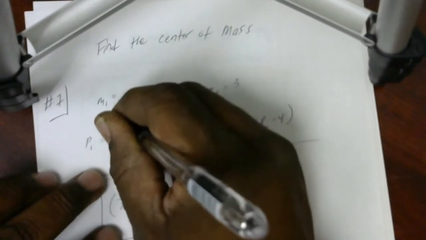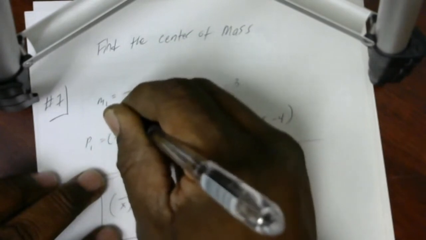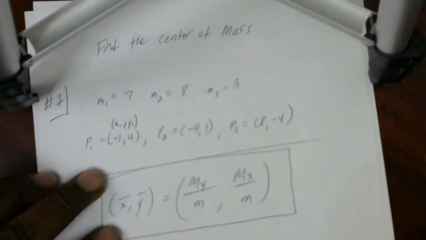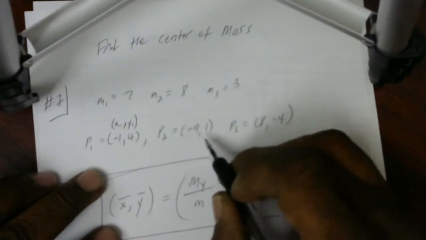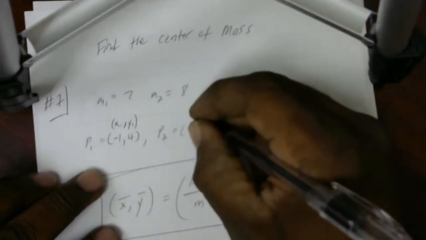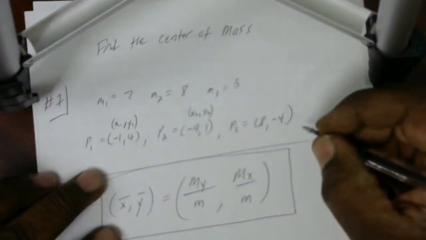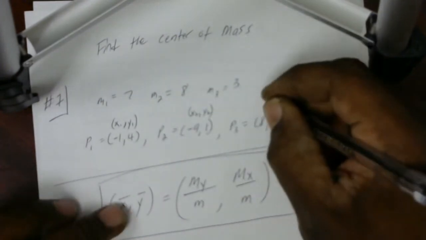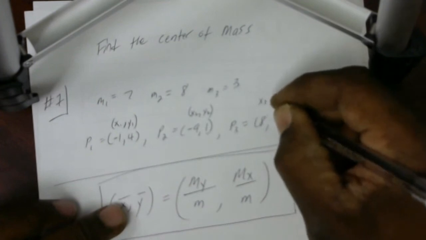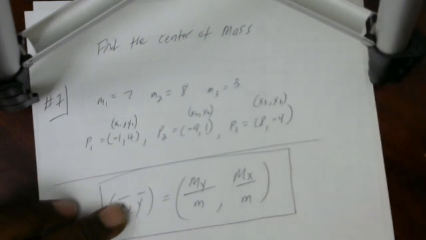Since this is my first point, I'm going to call this x sub 1 comma y sub 1. Since this is my second point, this is x sub 2 comma y sub 2. And for my third point, this is x sub 3 comma y sub 3.